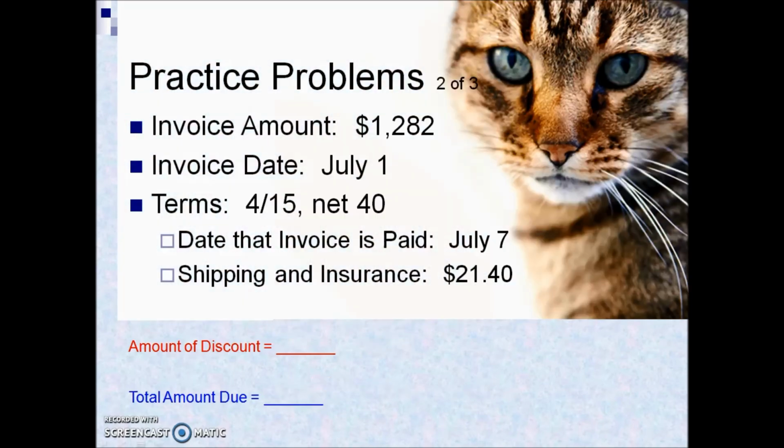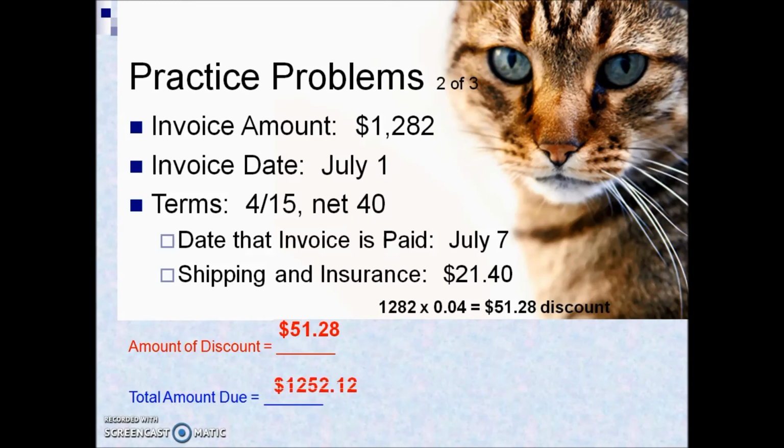In this next problem, we have an invoice amount, date, and the terms of 4/15. It's telling us that the invoice was paid on July 7th. That's 6 days from the invoice date, so they are eligible for the 4% discount. And that is found by taking 4% times the invoice amount.